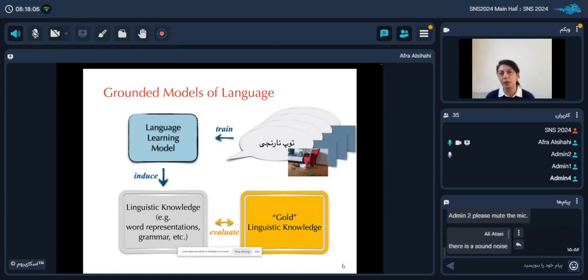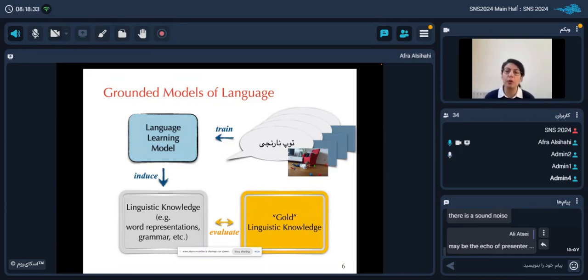So we are talking about some sort of a multimodal input which contains something in addition to linguistic data that the model receives. This scenario is typically referred to as grounded language modeling, meaning the instances of languages that we hear are grounded in some sort of visual or in general perceptual context.